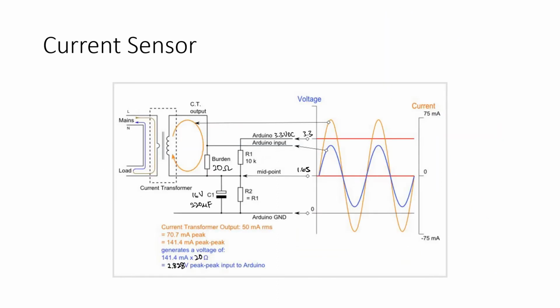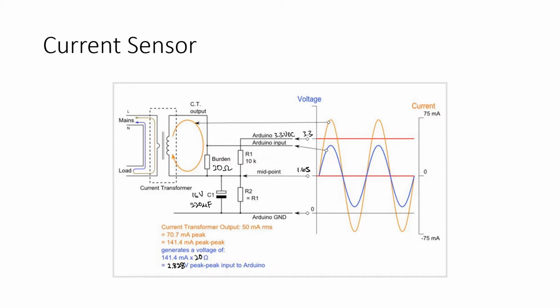Here is the more detailed version of the current sensor output. Since the current sensor output is only current, if we use it without a burden resistor, it will cause a large voltage to go into the Arduino due to the infinite resistance. Thus, we need a burden resistor, which in this case is a 20 ohm resistor because the NodeMCU voltage is 3.3 volts.